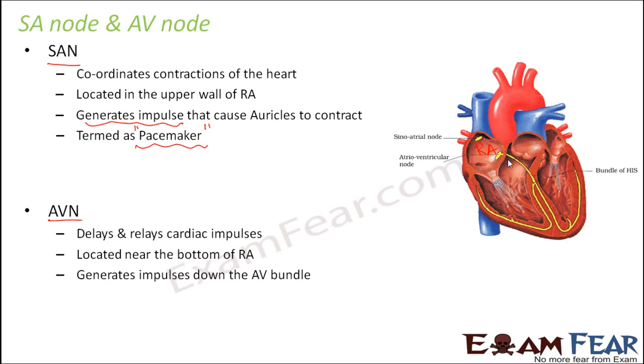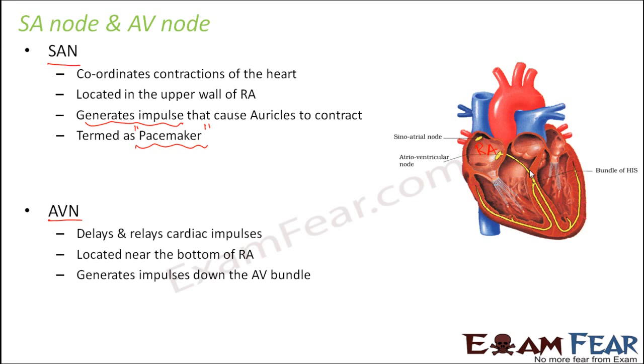Now let us see what happens after this. Now this generates the impulses down the AV bundle. After the atrioventricular node, there is an AV bundle which continues to run from the AV node. And this yellow line which you see is nothing but the atrioventricular bundle or AV bundle.